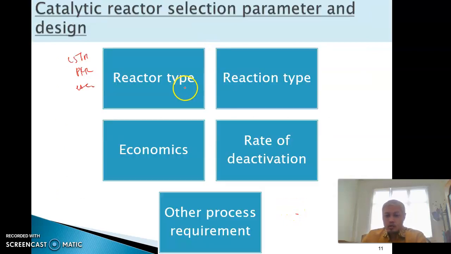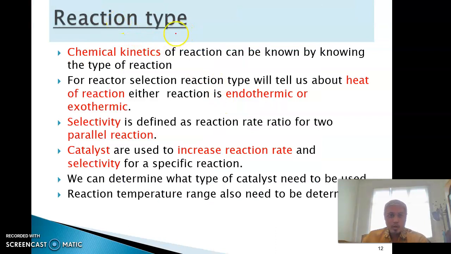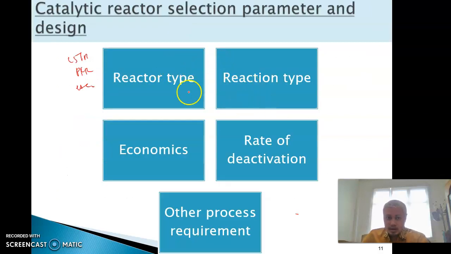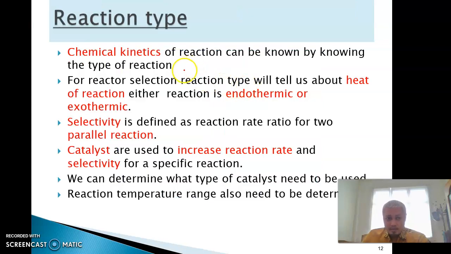Reaction type. Because we have five parameters here, we go to reaction type. Chemical kinetic of reaction can be known by knowing the type of reaction.